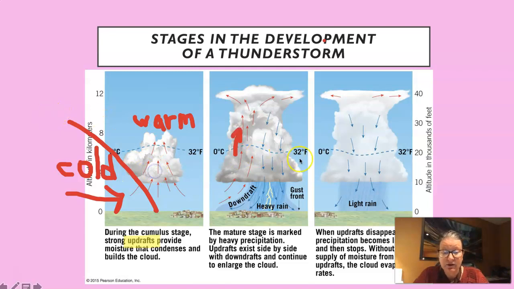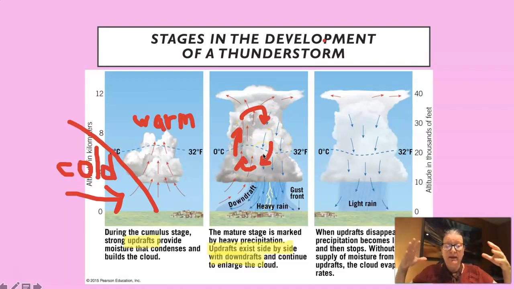The next stage is when we have updrafts and downdrafts within the thunder clouds. These updrafts and downdrafts exist together. They work together to expand the cloud and to grow the storm, to make it larger. And any hail that's forming in here is going to continue to get circulated up and down in the cloud, and it's going to grow.